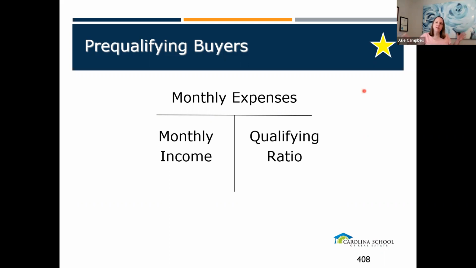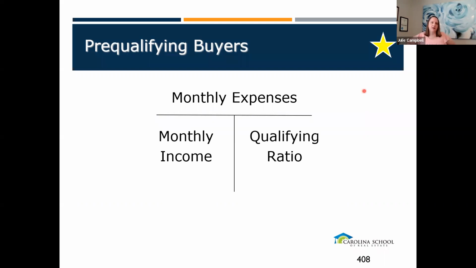We're going to use it once under the 28%, and then we're going to use the same T-bar under the 36%. The qualifying ratio is different for each one. So I need you guys to have this in front of you, because when we come back from break, we're going to solve using all three of these.